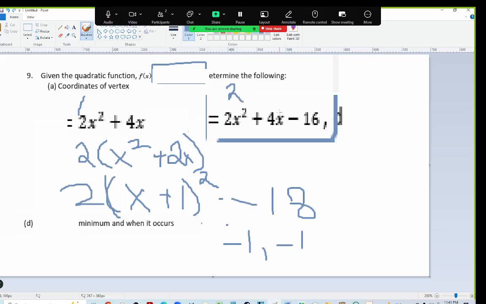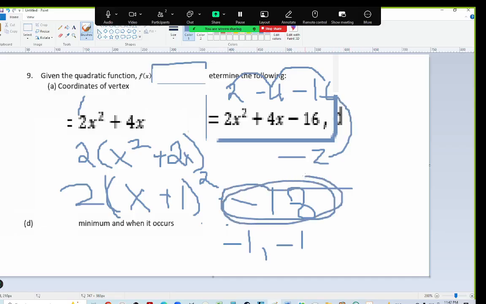-1 times positive 4 here is -4. And then -16. Add those up for me. 2 minus 4 minus 16. 2 minus 4 is minus 2, minus 16 is -18. There, we figured out the y value of the vertex without doing all that expansion.